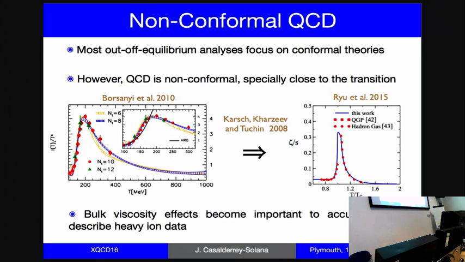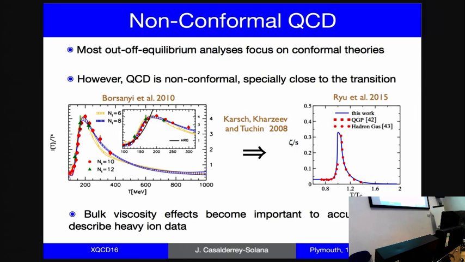So close to the transition, you arrive at values of the bulk viscosity zeta over s of order 0.3. And more hydrodynamic codes are nowadays incorporating these bulk viscosity corrections, which are important to understand the data.